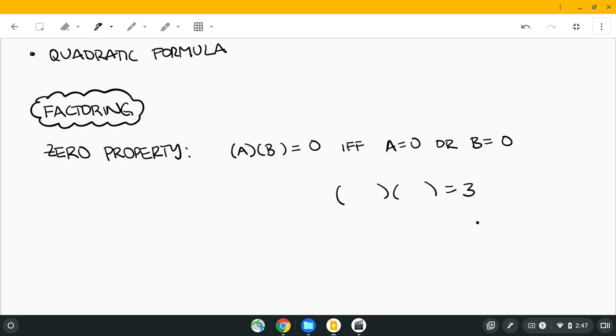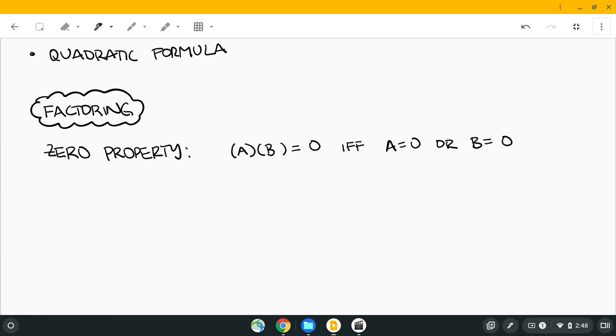I could have 9 over here and 1/3 over here. Neither one of them is 3. Okay, so that's why it's going to be important that when you are solving these quadratics that you make sure that it is set equal to 0 before you start factoring.